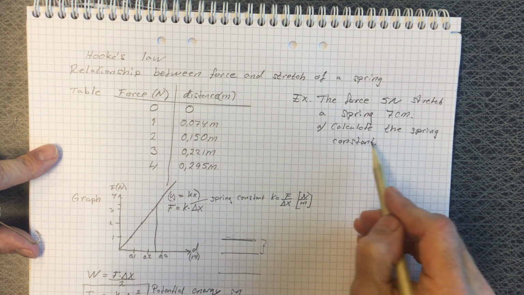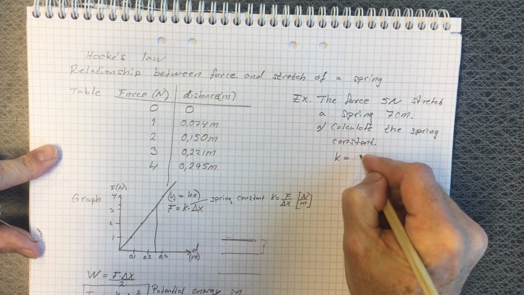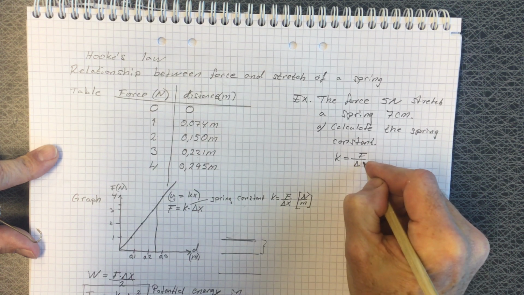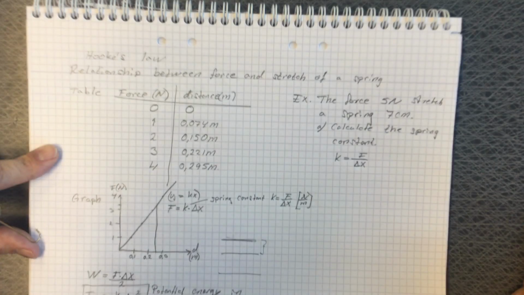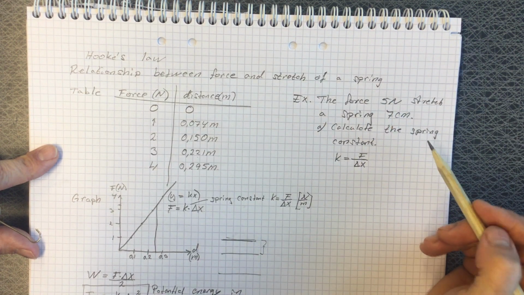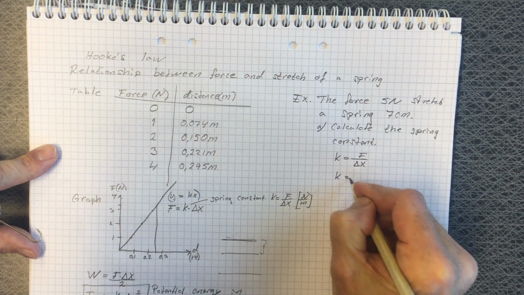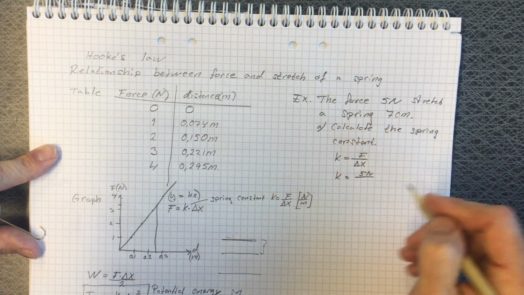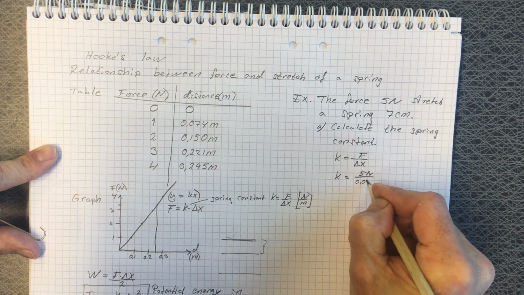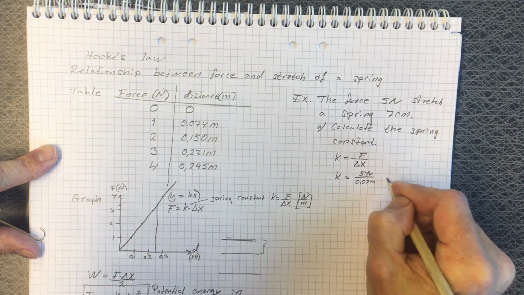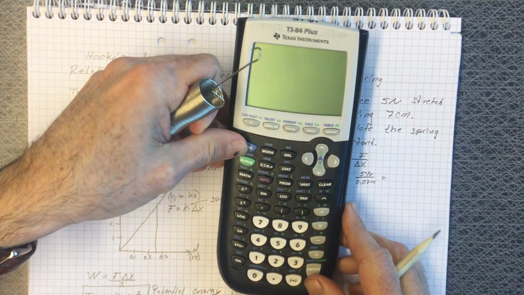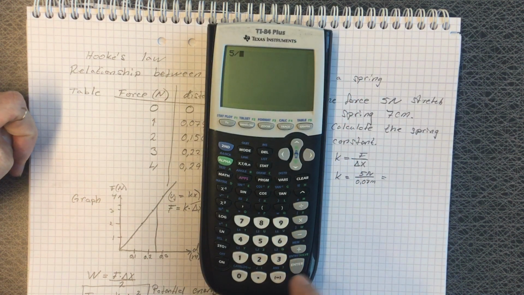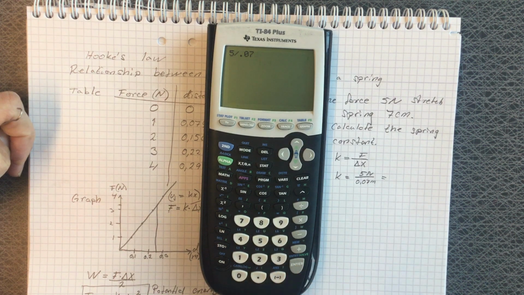Okay, so spring constant. I write down the formula. It's the force divided with the change in distance for the spring, the stretch. And we have it like this, so it's no problem. So K is 5 Newton divided with, but I convert this to meter, so it's 0.07 meter. And that is equal to, so I use my calculator, 5 divided with 0.07.